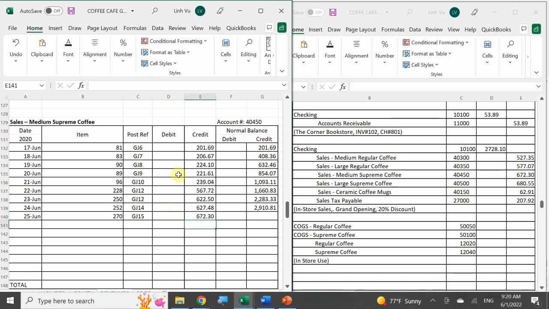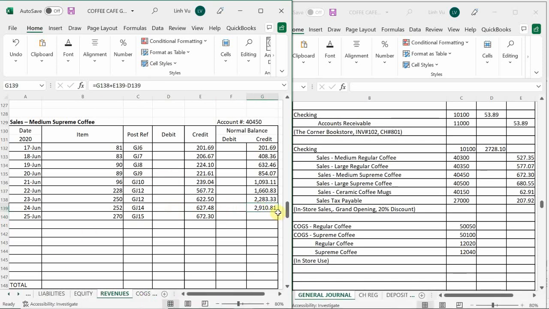And that should bring your account up to $3,583.11.